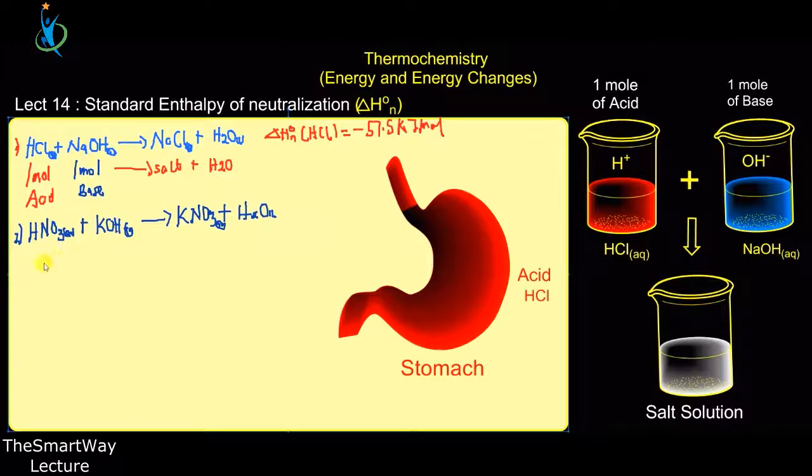There is an amount of energy that we require when I add 1 mole of this acid plus 1 mole of base. The energy change during the process of adding 1 mole of hydrogen nitrate to 1 mole of potassium hydroxide is what we call the standard enthalpy of neutralization. This symbol represents standard, and N represents neutralization.